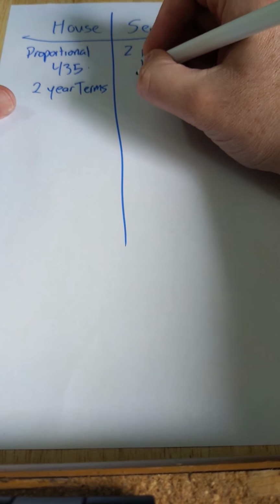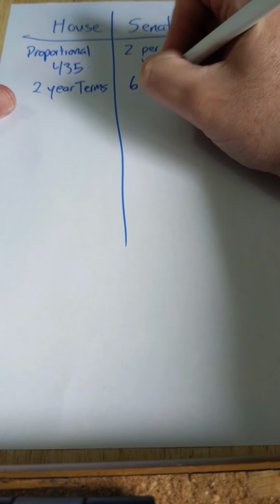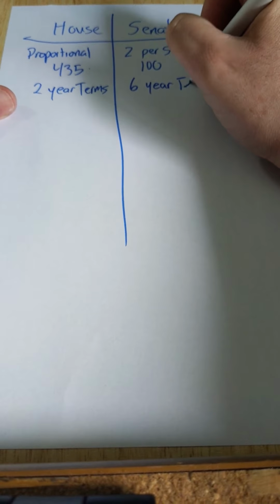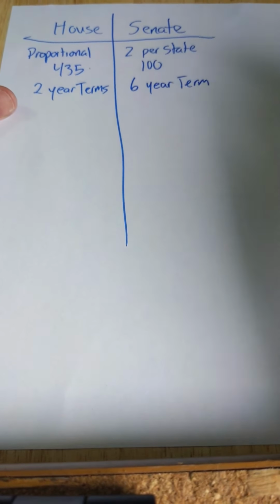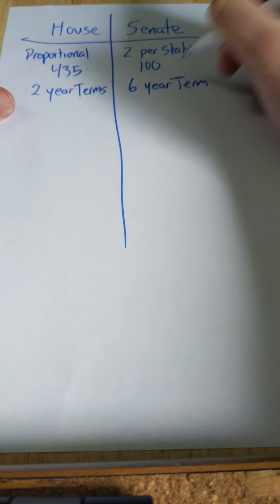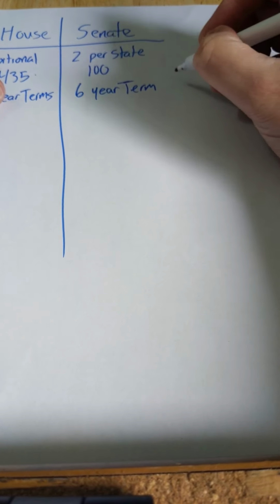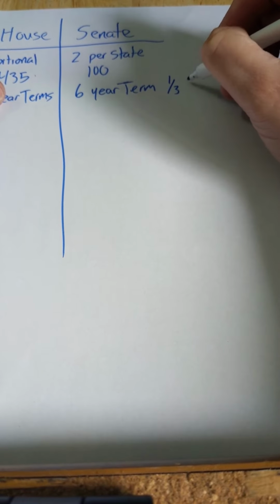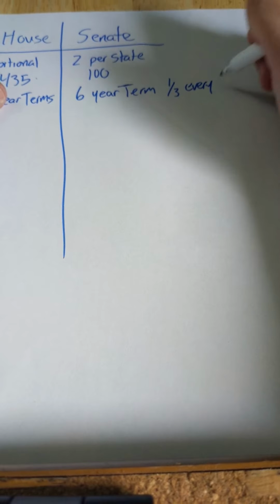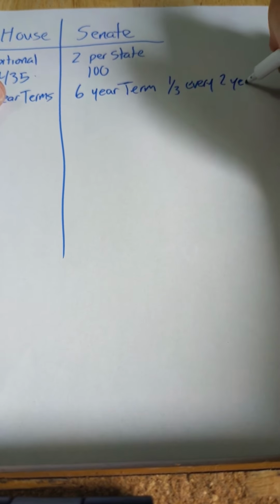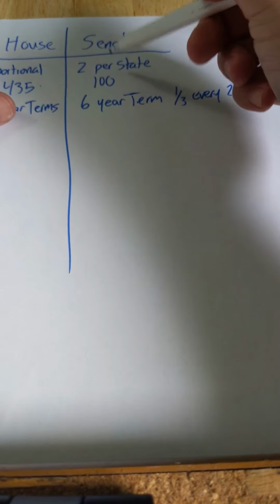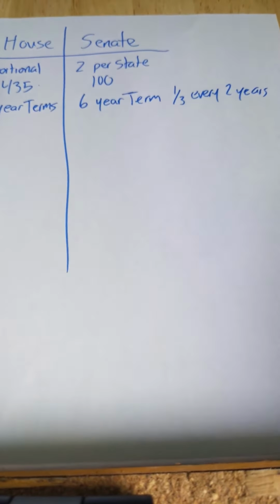In the Senate, it is a 6-year term, and it's one third every 2 years. So it's 33, 33, and then 34.